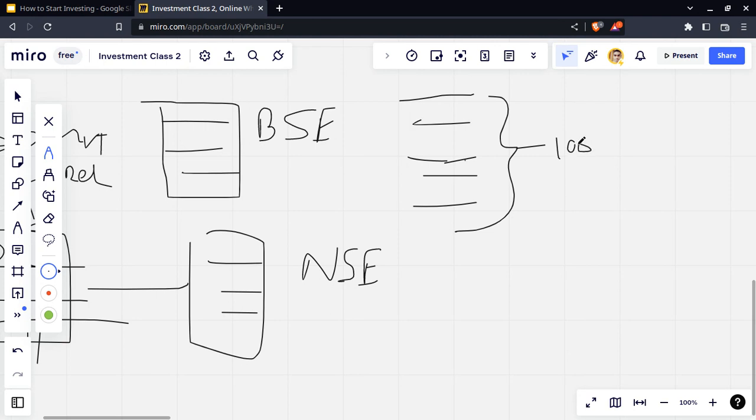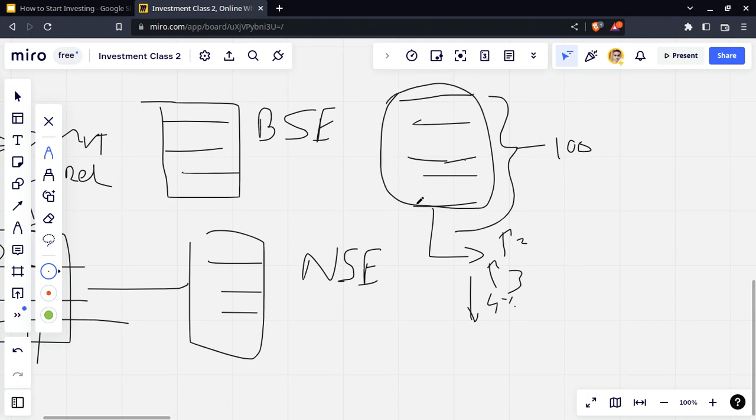So suppose tomorrow market opens and Reliance grows by 2%, HDFC Bank grows by 3%, Dmart falls by 4%. So what will happen? The average will be taken out, and suppose the average comes out as 1.5% growth.